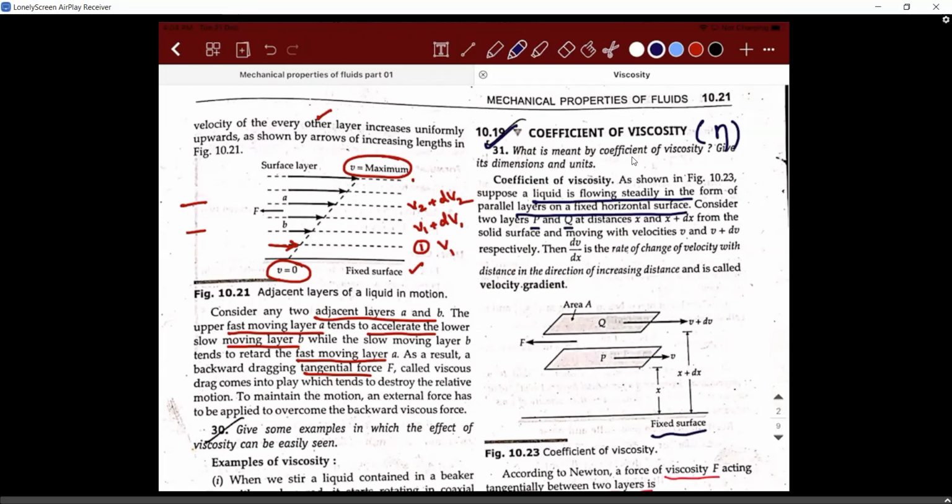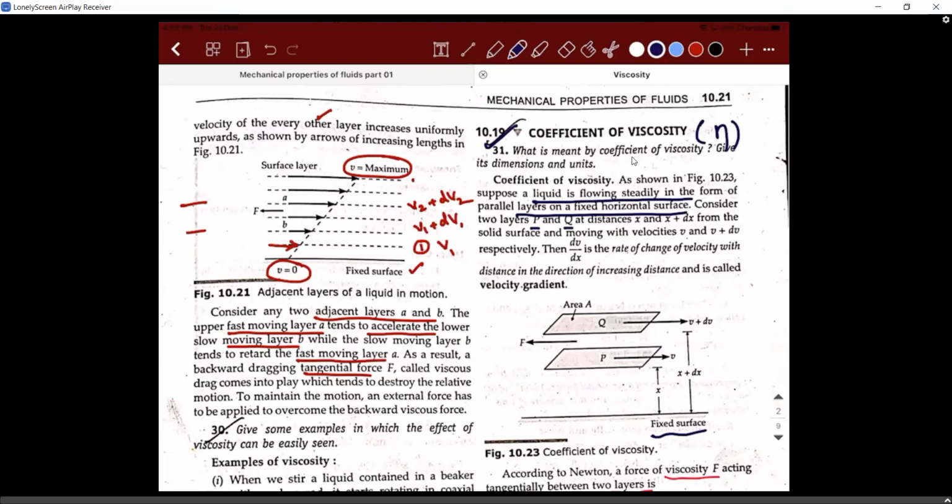So with respect to the fixed surface, let's say the first layer is at a distance x and the second layer is at a slightly greater distance, which is x plus dx.